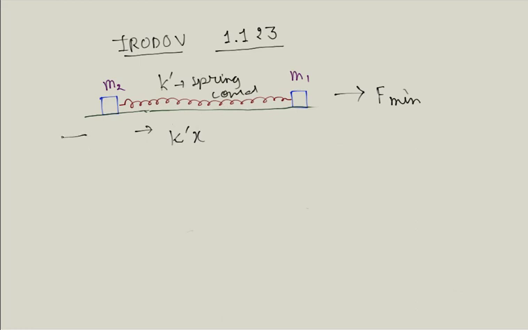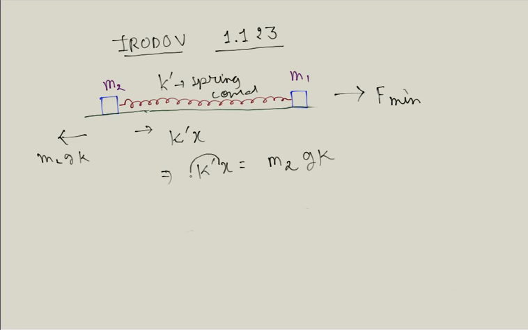And in the direction opposite to the spring force, there will be the frictional force. So the body will start moving when the spring force and the frictional force are exactly equal.